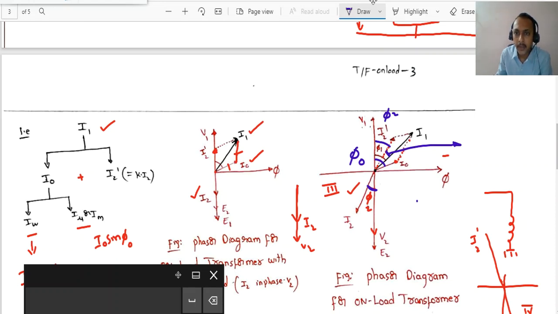What will be that angle? Simply phi naught minus phi 2.